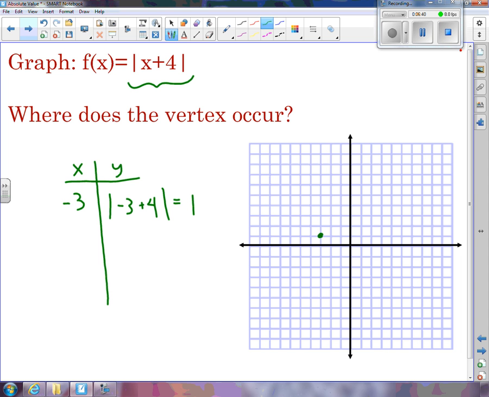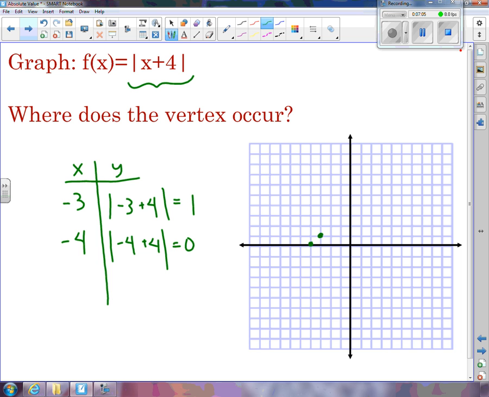So now let's plug in negative 4. And negative 4 is what makes the inside of my absolute value equal to 0. That means that the vertex will be located at this point. So if I take the absolute value of negative 4 plus 4, I get 0. So now I know that the point negative 4, 0 is the vertex of my graph.